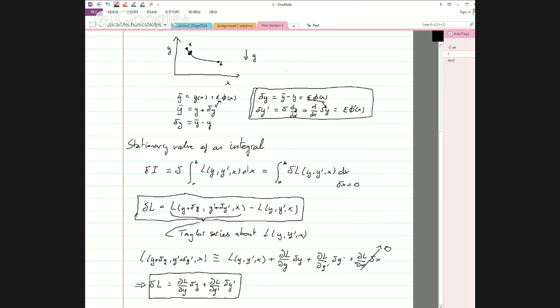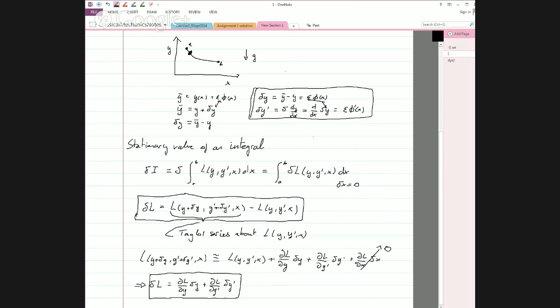So at x equals a and at x equals b, the function y bar of x has to equal y of x. So the variation, this phi of x, has to be 0 at the endpoints a and b. Otherwise, we're allowing any wire anywhere in space. But we've explicitly said that we care about a definite integral between points a and b, so we fix the ends of the wires.